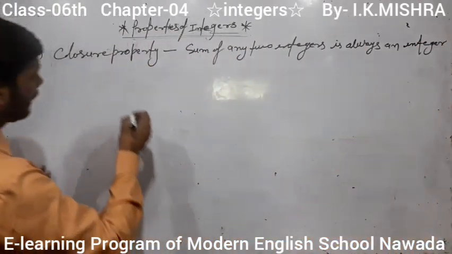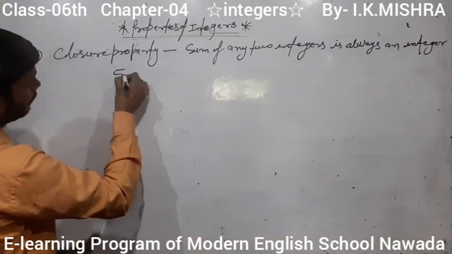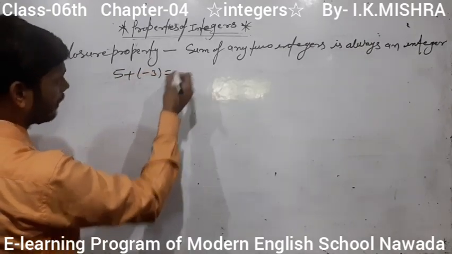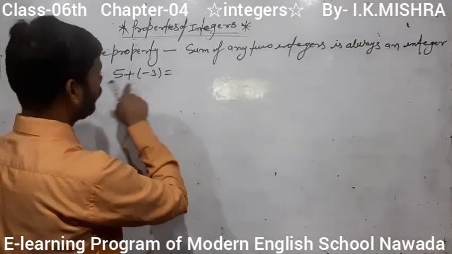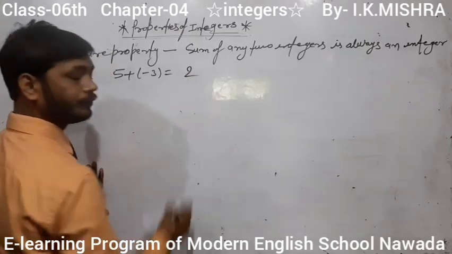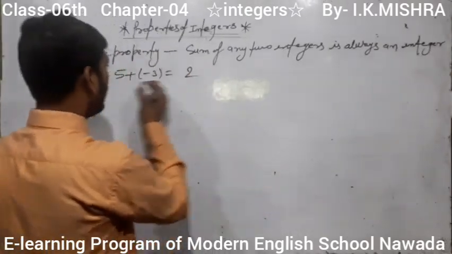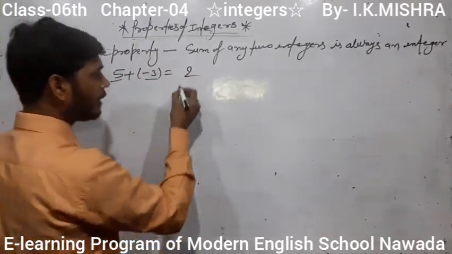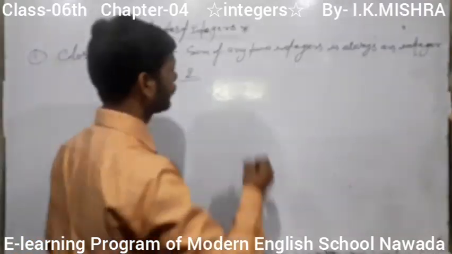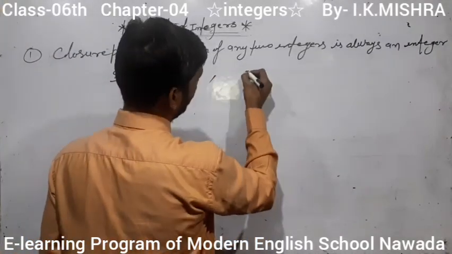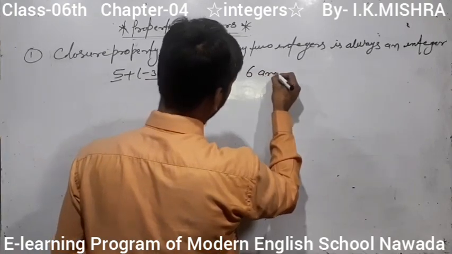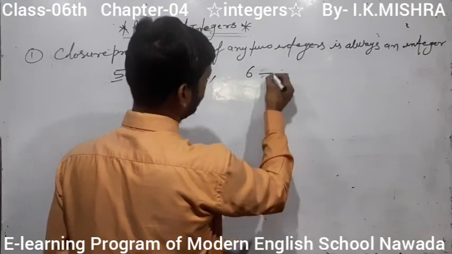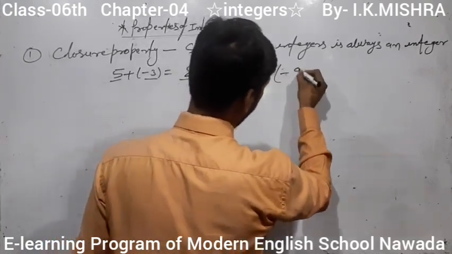Suppose add 5 plus minus 3. Here the result is equal to 2. Here 5 is an integer, 3 is an integer, and 2 is also an integer. Suppose you have to add 6 plus minus 9.